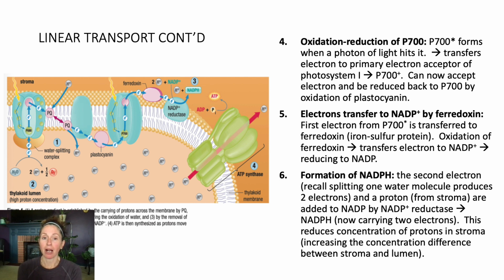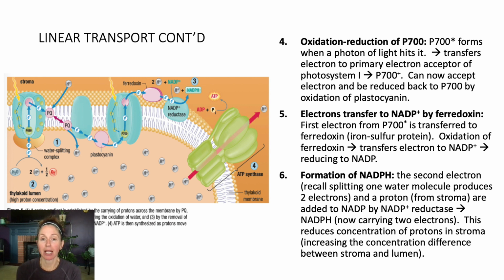It'll then transfer electrons to the primary electron acceptor of photosystem 1. It becomes positively charged, P700 plus. And now, because it is positively charged, it will accept an electron and be reduced back to P700 by plastocyanin. You need to be practicing following the electron and explaining the reduction and oxidation process.